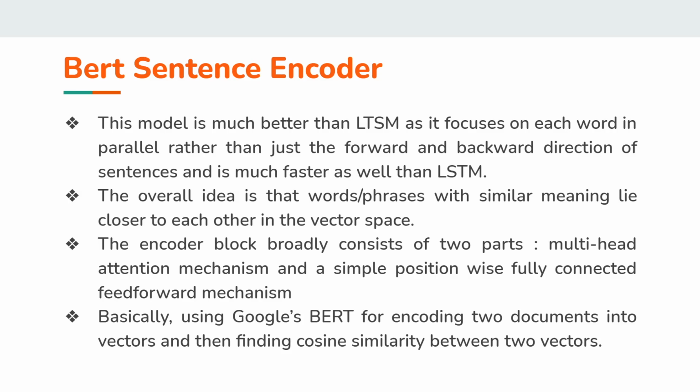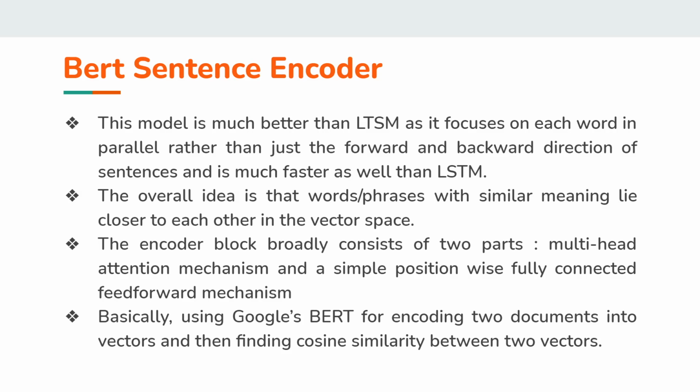The overall idea is that the words or phrases with similar meanings lie closer to each other in the vector space. The encoder block broadly consists of two parts: multi-head attention mechanism and a simple position-wise fully connected feed-forward network.